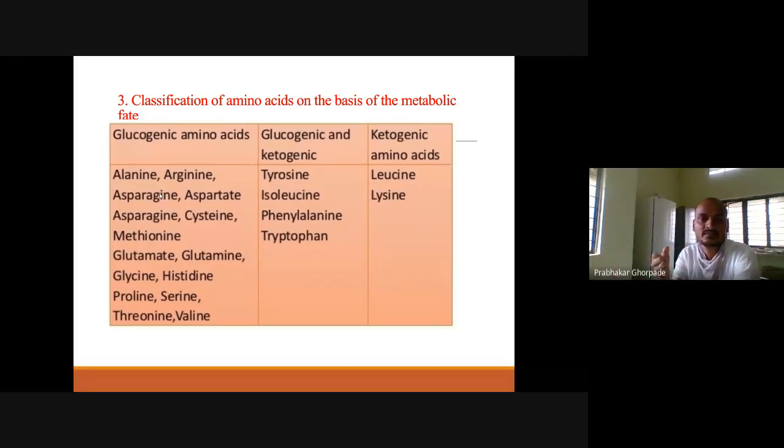So tyrosine, isoleucine, phenylalanine, and tryptophan are categorized as both. Then we have ketogenic amino acids, leucine and lysine. They exclusively synthesize ketone bodies. They won't synthesize glucose. So it is important that leucine and lysine don't undergo conversion into glucose. They only undergo ketogenic conversion.